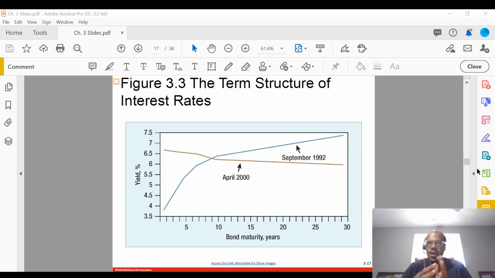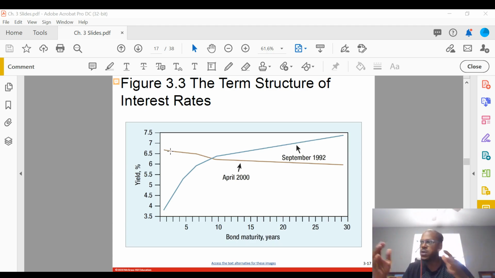So, for instance, usually when we talk about the term structure of interest rates, we're really talking about the U.S. Treasury, since the Treasury is the safest financial security. The one interest rate throughout the economy that we tend to pay attention to is the U.S. government Treasury yield. The Treasury has 3-month, 1-year, 2-year, 5-year, 7-year, 20-year, and 30-year bonds.